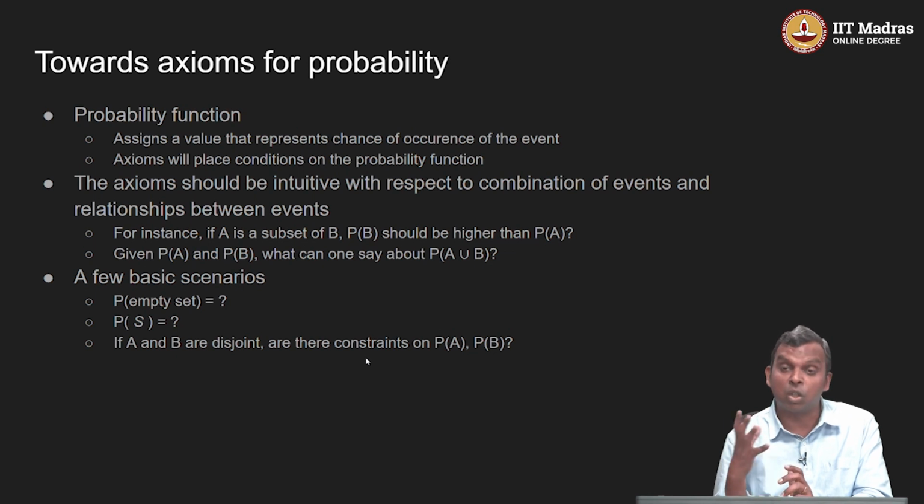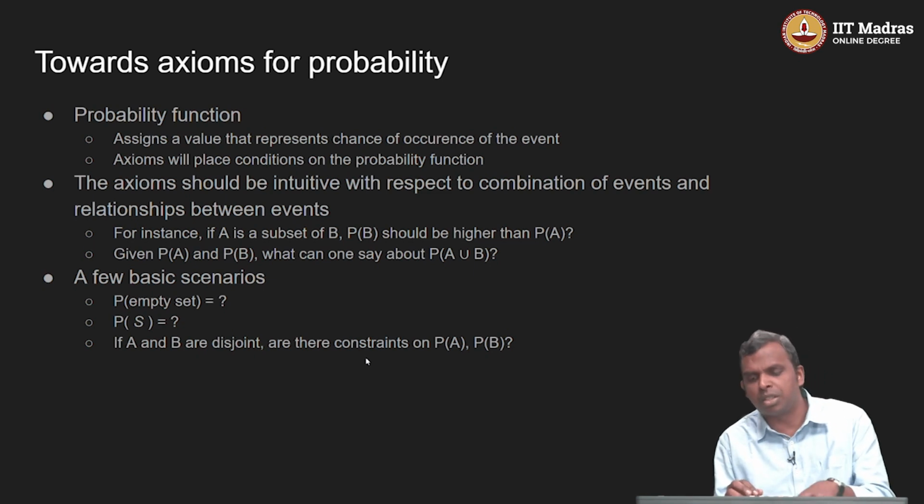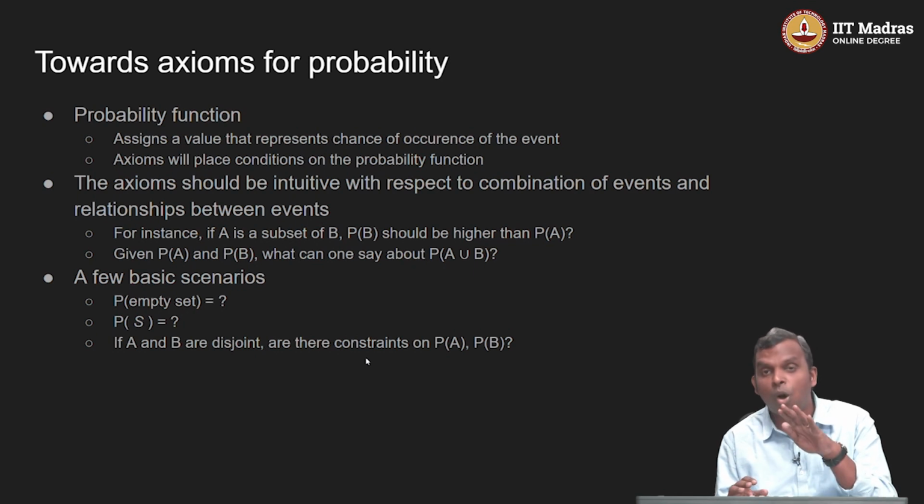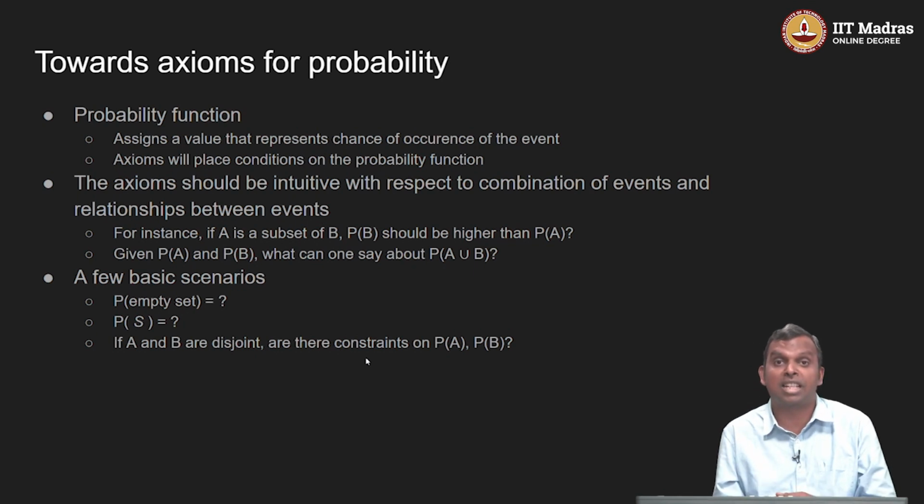People have worked over the years, refined them, and got just two axioms now. There are just two conditions that you have to satisfy to be a valid probability function. And once you satisfy that, all the natural intuition about how events combine, the relationship between events, all that will be respected. That's the power of the axioms.